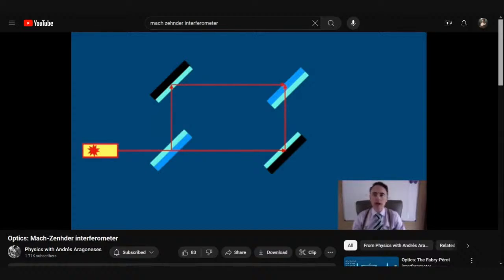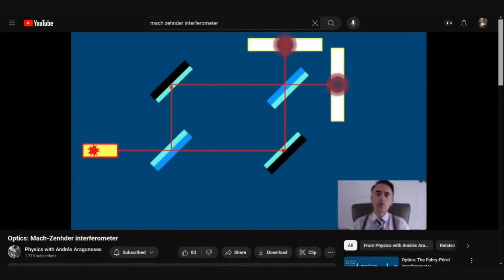Here we can have two screens or two detectors to study the interference. The reason why this interferometer has two paths is to compare the light following each path and study the differences that you can place between both paths. For example, imagine you want to measure the index of refraction of a gas. You would put two identical cells, one in each path.